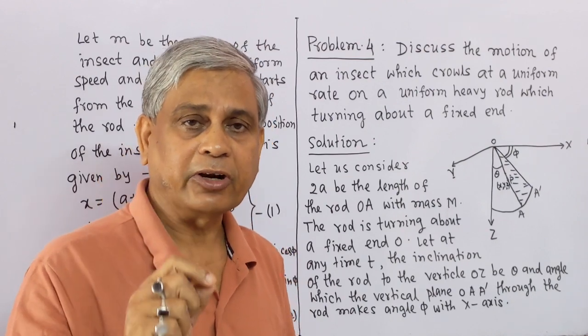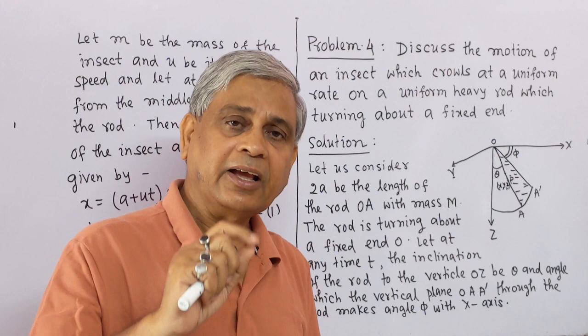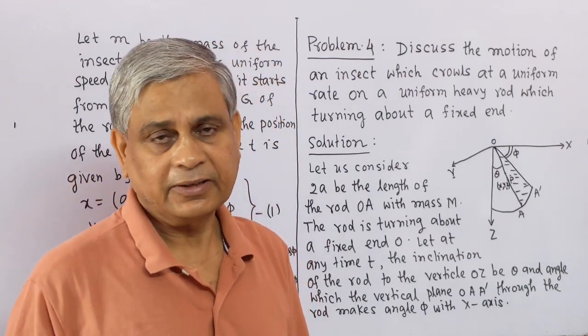In spherical polar coordinates, the coordinates are r, theta and phi.